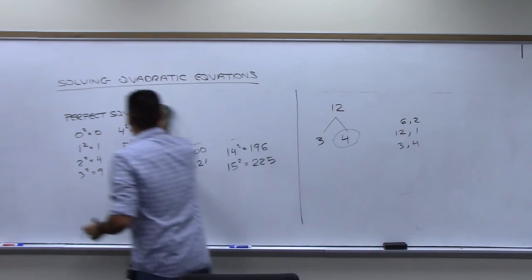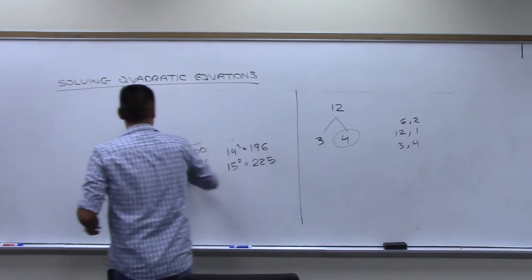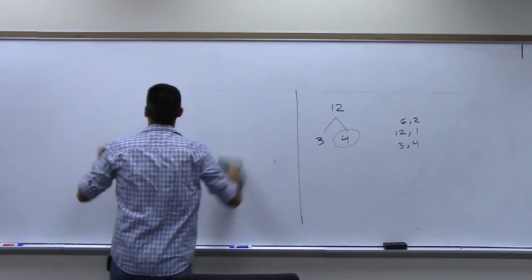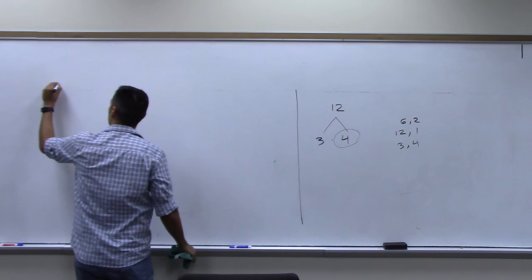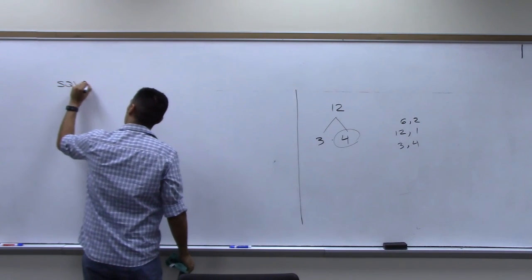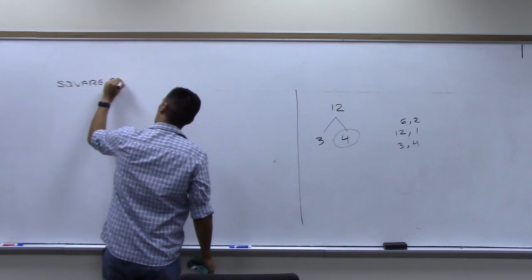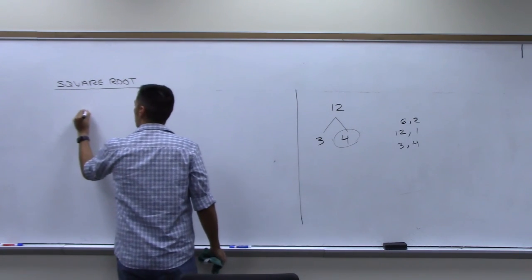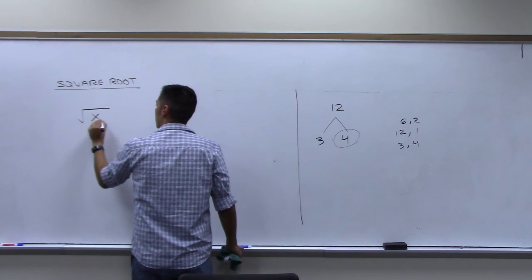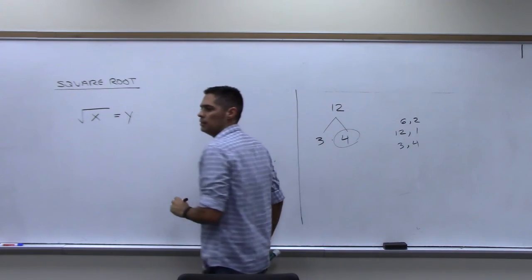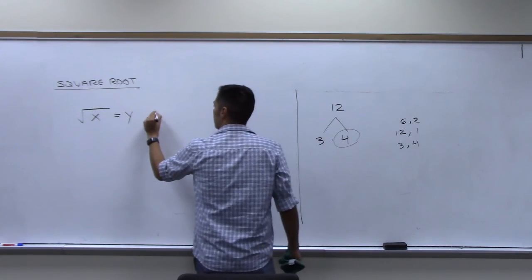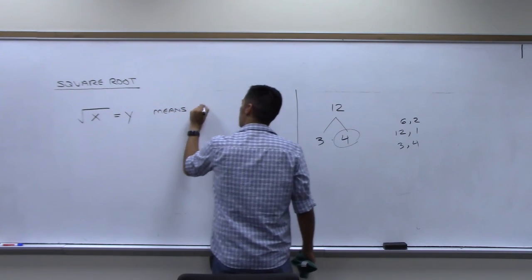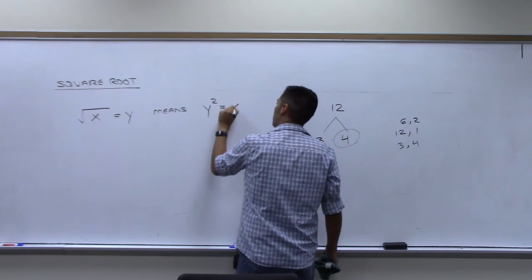All right, so let's talk about square roots. We're still not solving equations yet. Square roots. If we write the square root of x equals y, what we mean is that when we square y, we would get x back.